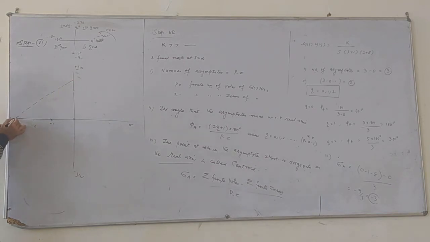This is 60. Then we'll move here, and that will be 180. So this with respect to the real axis is 180.